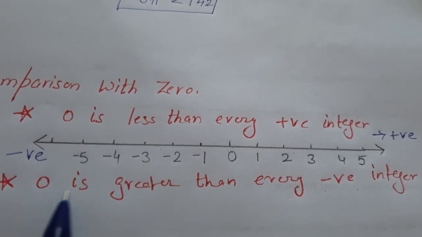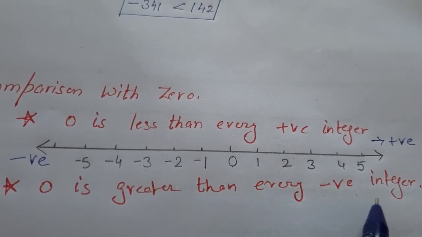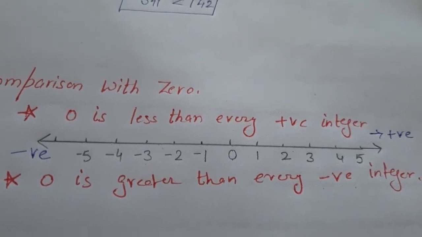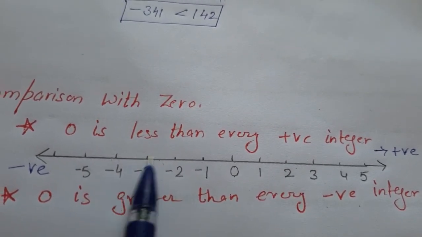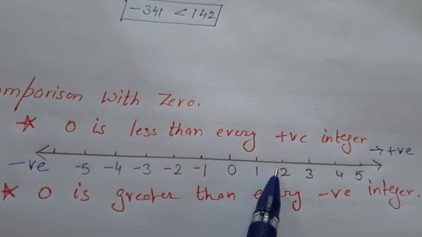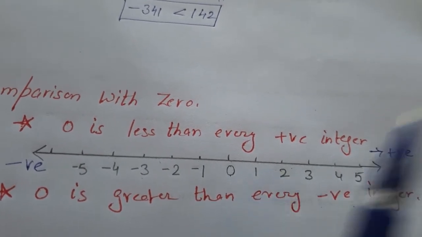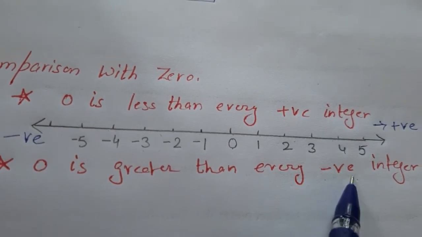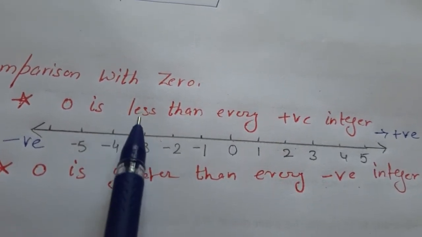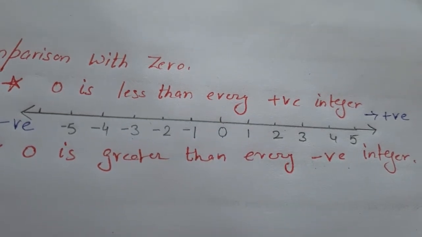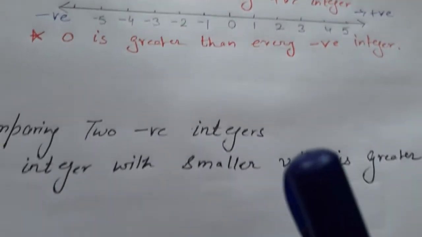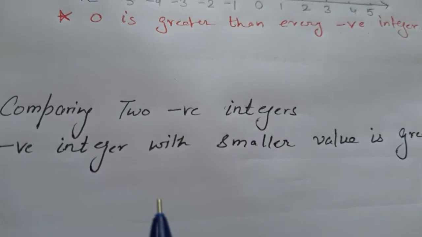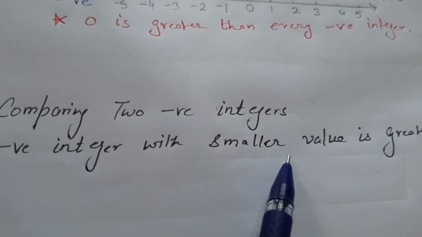So we can say 0 is greater than every negative integer, and it will be as well as less than every positive integer.